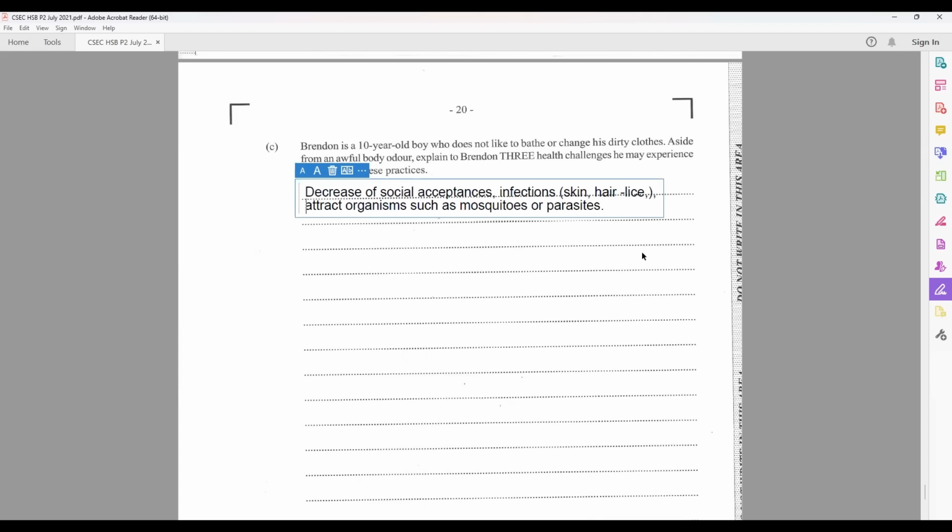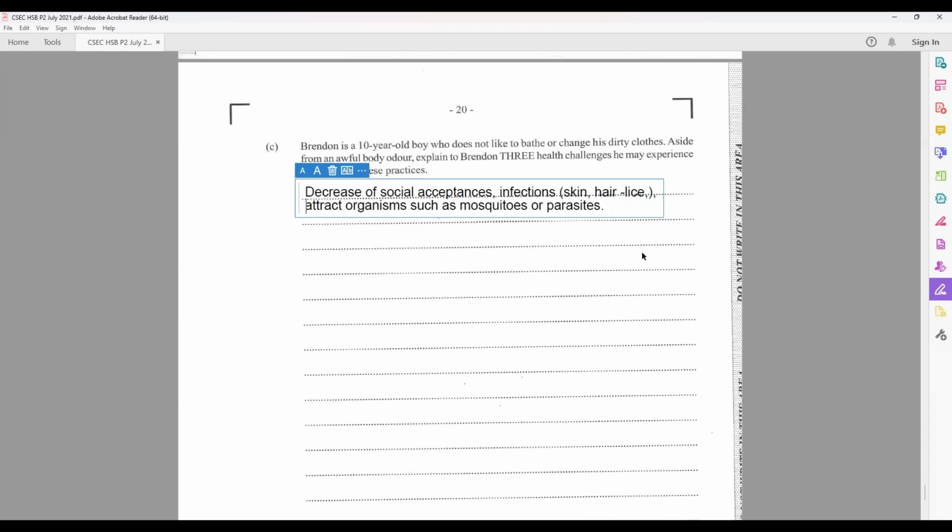Mosquitoes and parasites. Now, mosquitoes are attracted to a more bushy smell, which is what happens when you don't bathe for long periods of time. It's the same reason why mosquitoes are more likely to go after a pig or a dog than a human. They are smelling worse than a human.